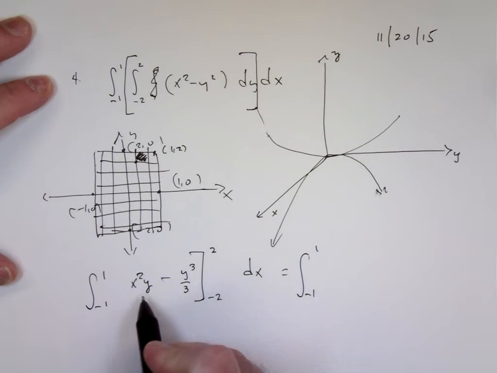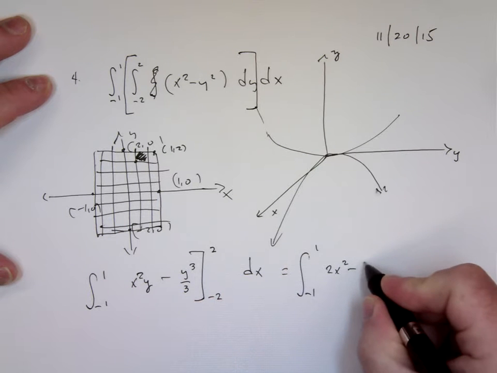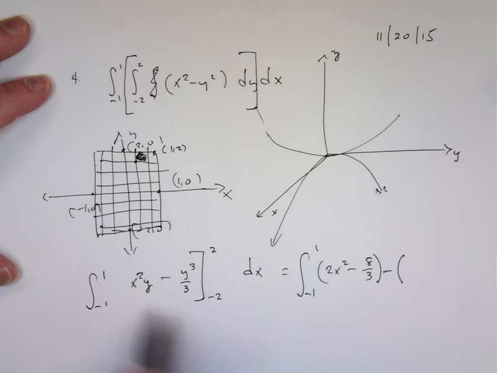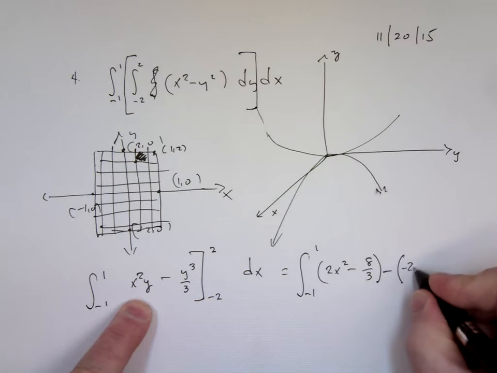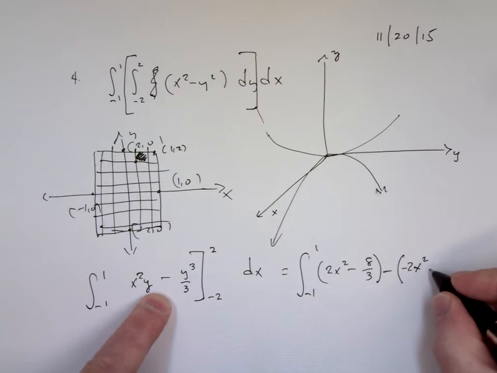Substitute in 2 for the y, we'll get 2x squared minus 8 thirds, minus, now substitute in negative 2, we're going to get negative 2 x squared, minus, and when you put in negative 2, it's negative 8 thirds, but it's minus, so that's a plus 8 thirds.